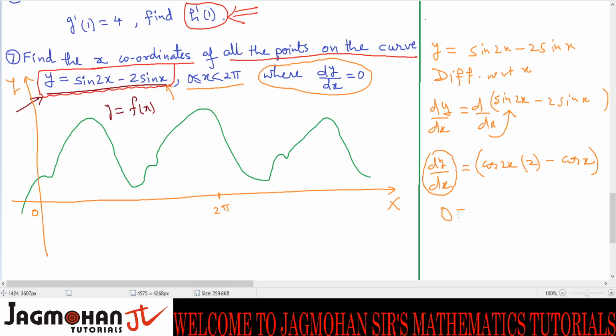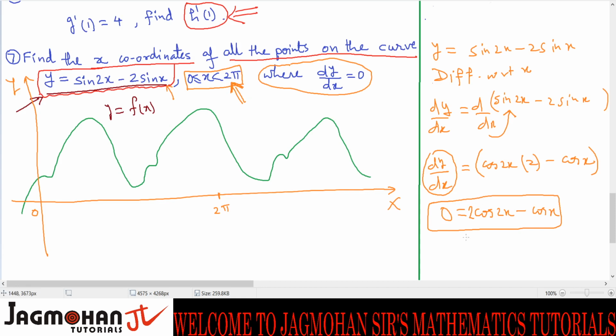So I will get 0 equals to cos 2x into 2, that is 2 cos 2x minus 2 cos x. This becomes my trigonometric equation. I will solve this trigonometric equation keeping this interval in mind.